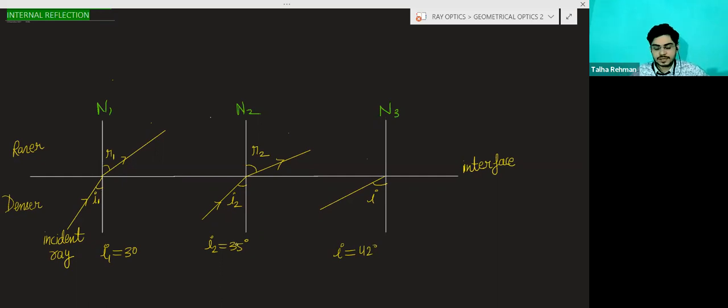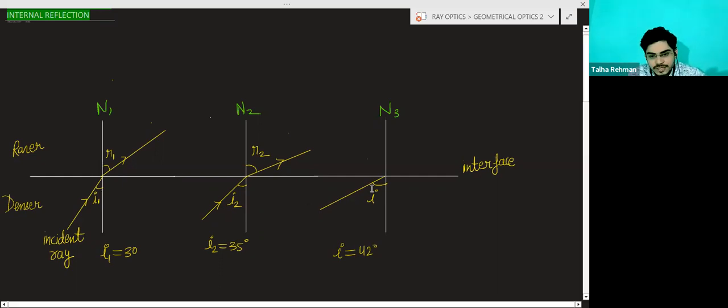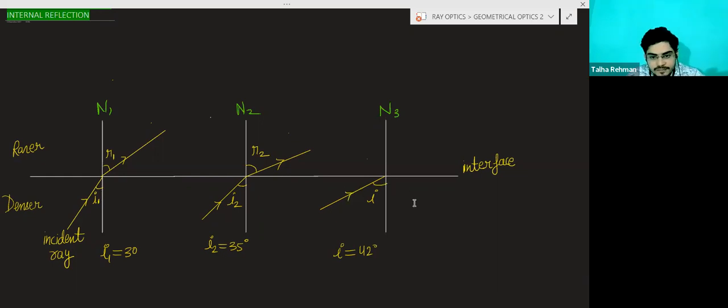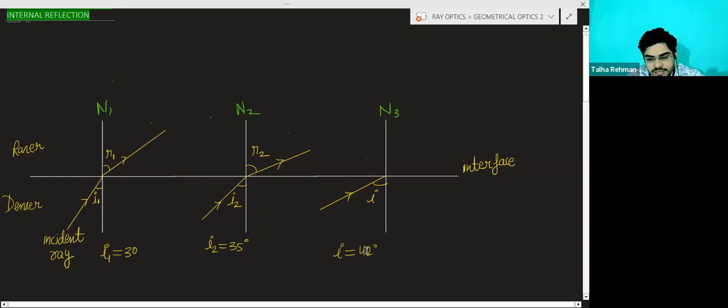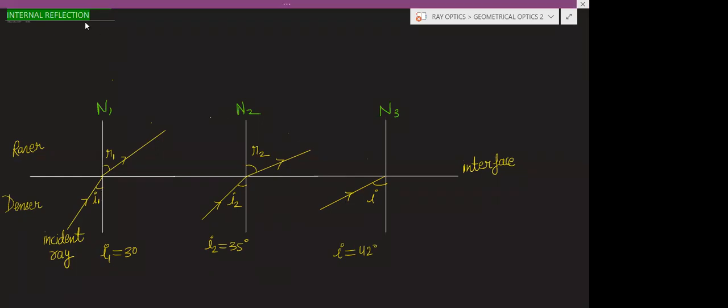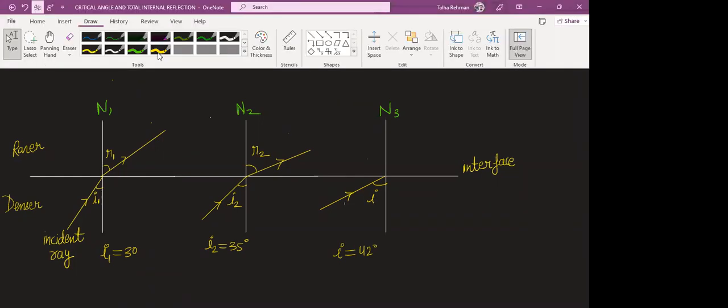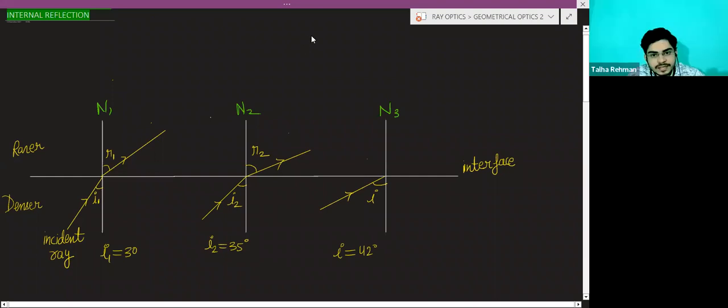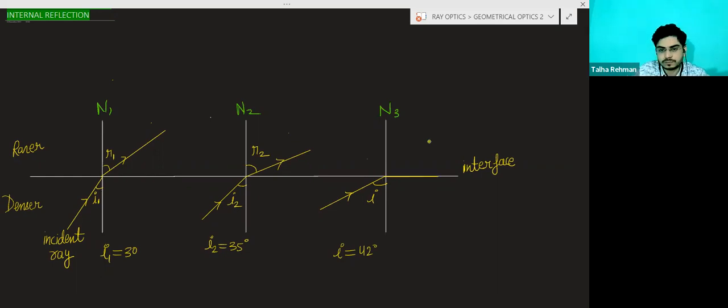This is the incident ray, and for this angle of incidence, the light ray is going like this, grazing the surface.